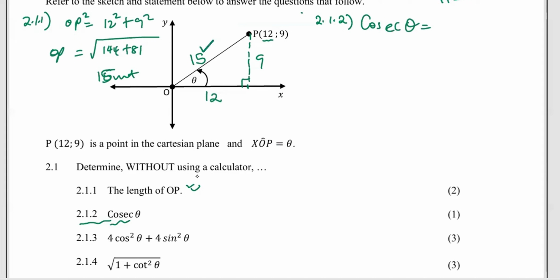So our hypotenuse is 15. Our opposite is a 9. Then if there's anything common here, we need to simplify it, so by 3, which means it's going to be 5 over 3. We just leave the answer like this. We are not allowed to change it to decimals, otherwise we shall notice that you used the calculator, okay?